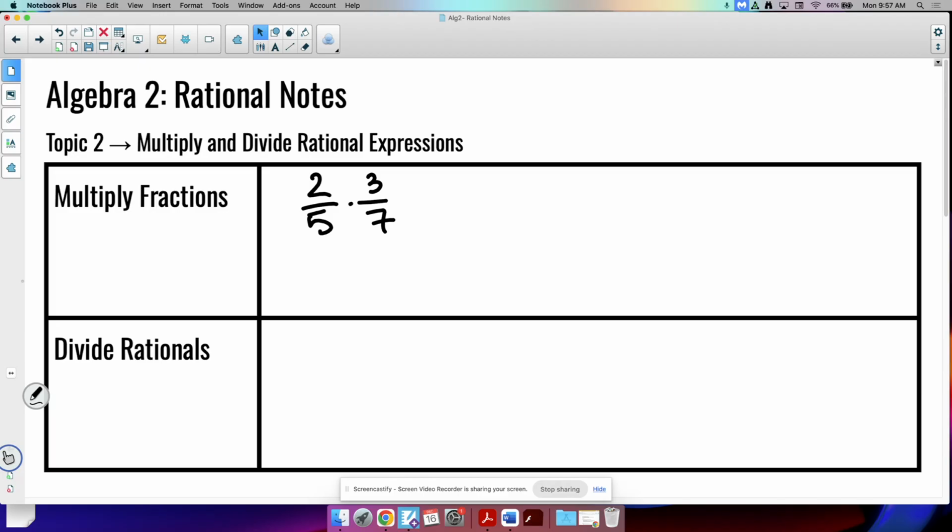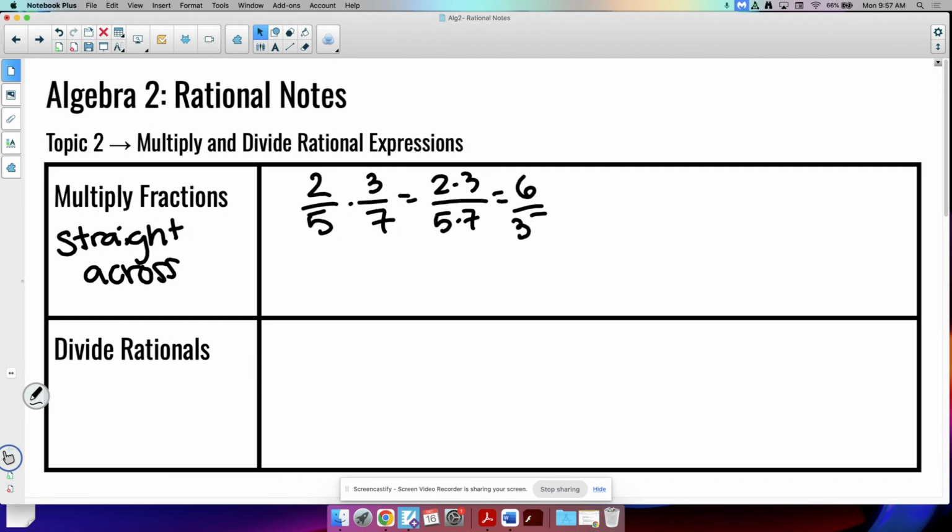Close. When you multiply fractions, you just go straight across. So up top, you just do 2 times 3. On the bottom, you just do 5 times 7. And then at the end, you would check, does anything reduce in 6/35?